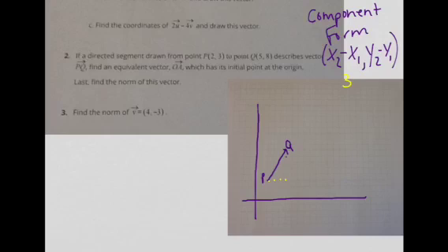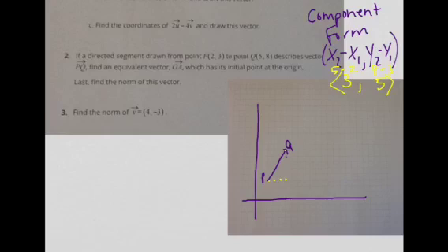And in my y value, I take my 8 minus my 3, and I get this to be 5. And this is called component form of a vector, 3, 5. So notice I go over 3 units, up 5 units to get to Q, right?